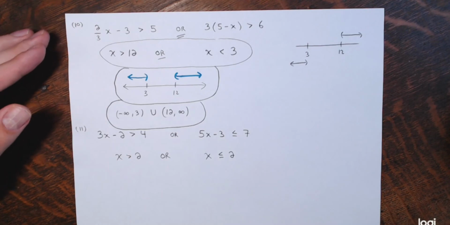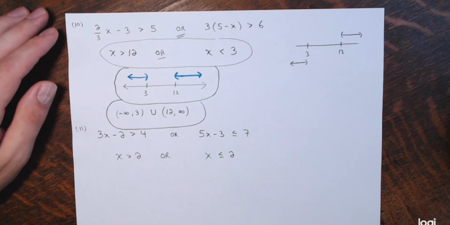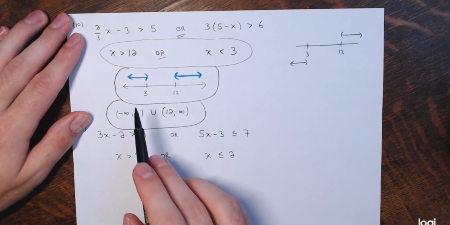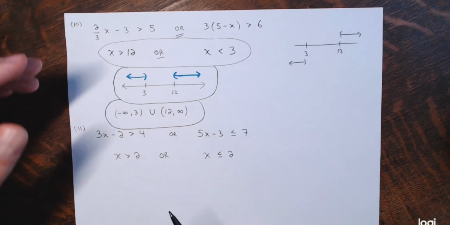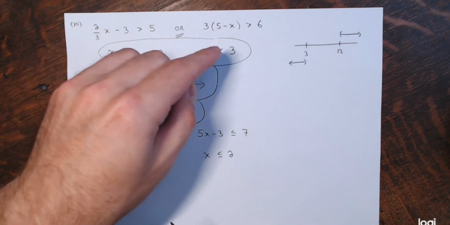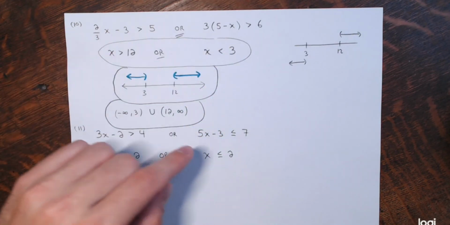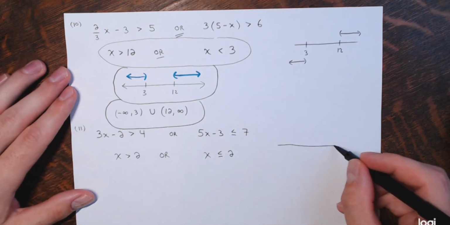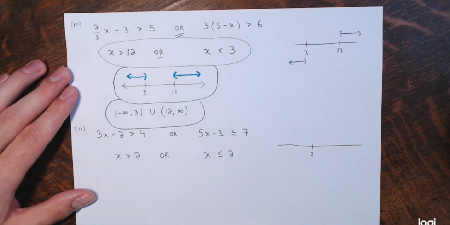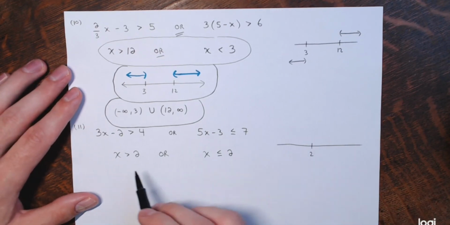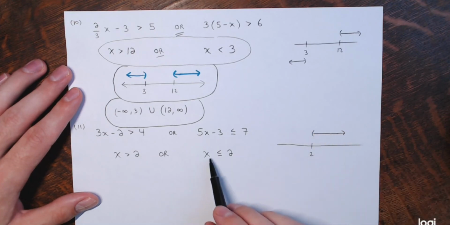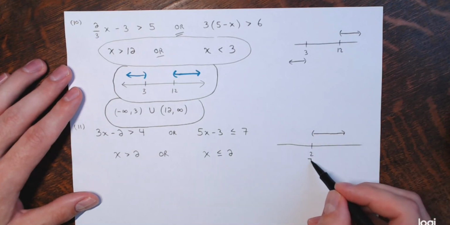Okay, so here's going to be a different kind of result. Because so far, in all the previous examples, 1 through 10, the numbers that came up in each inequality were different. Here they are the same. So in my rough sketch over here, the only number that shows up in either of these is 2. Now, x is greater than 2 are these numbers. X is less than or equal to 2 are these numbers.